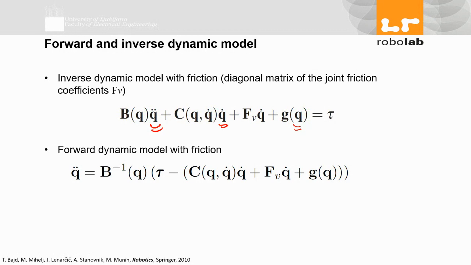And also the other application is in reverse dynamic, forward dynamic. Forward dynamic is how much, so what would be the acceleration if I know how much is my torque and my speed? Just the forces.